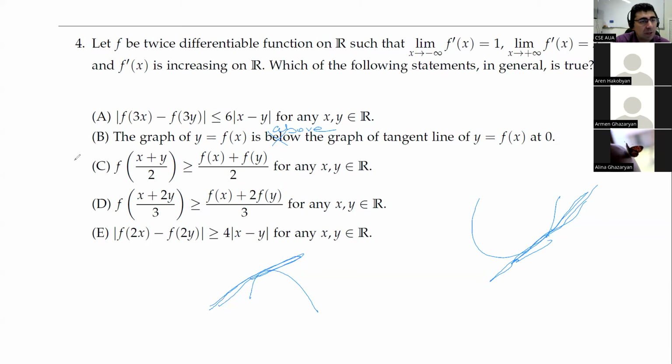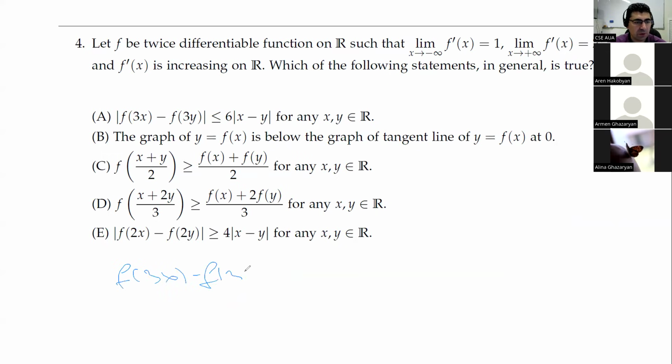Look, if we can say that f of 3x minus f of 3y is strictly less than 6 times x minus y, can we also say A is true? Yes, because even if equality doesn't hold, we can still say that this is true. Okay, thank you.